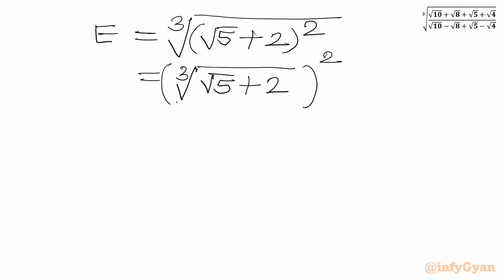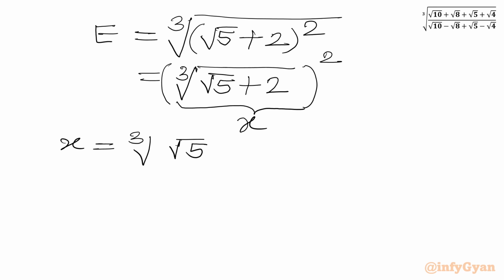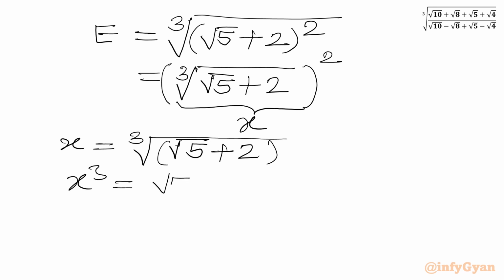Now we will consider this cube root of root 5 plus 2 as x. So I will write here x equal to cube root of root 5 plus 2. Now we will consider cubing both sides. So x cube will be equal to root 5 plus 2.